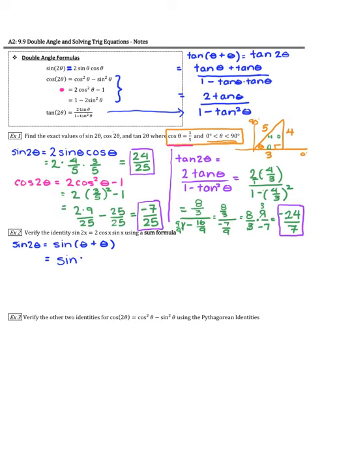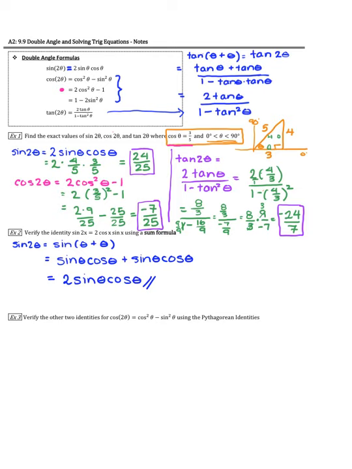So that's sine theta cosine theta plus, it doesn't matter what order I write them in since they have the same argument, sine theta cosine theta. So I have a sine theta cosine theta plus a sine theta cosine theta. How many sine cosines do I have? I have 2 of them. That is as easy as that derivation is.